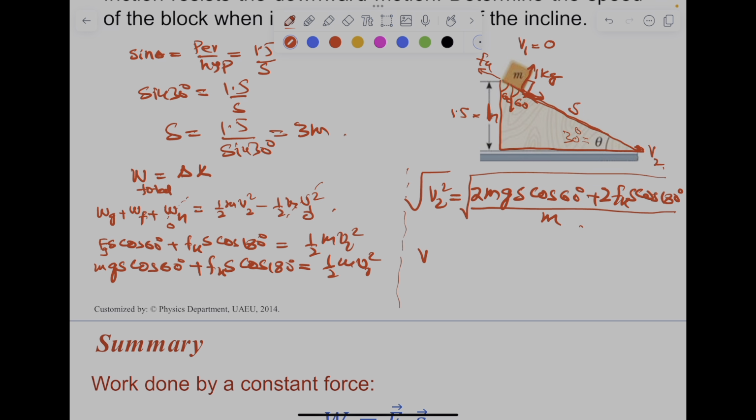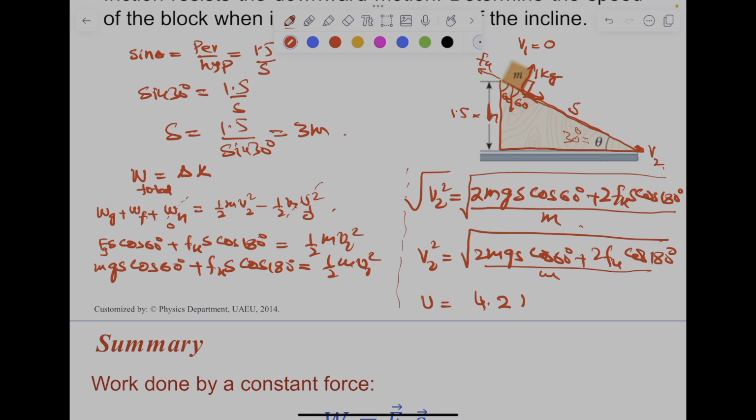So you get v2 is the square root of 2 mgs cosine 60 plus 2 Fk s cosine 180 degrees divided by m. So your v is 4.2 meters per second.